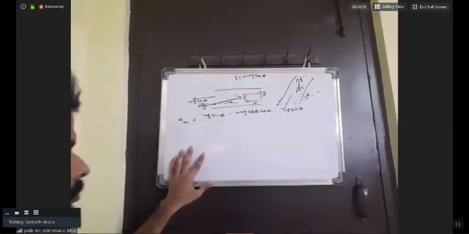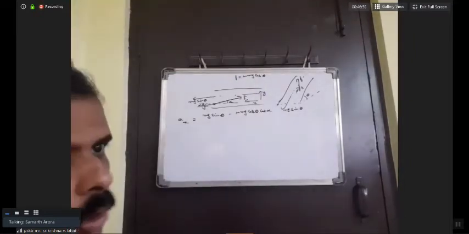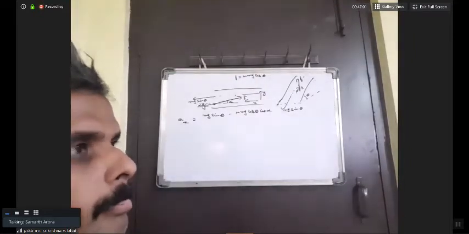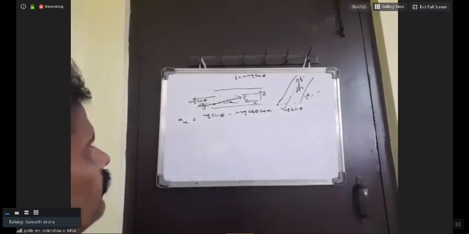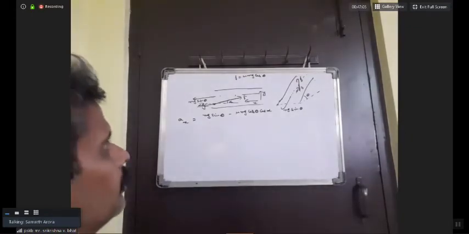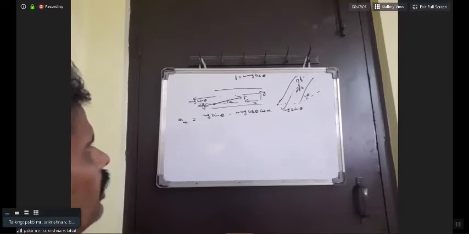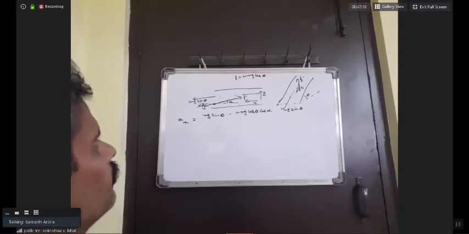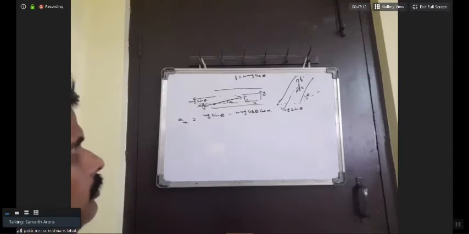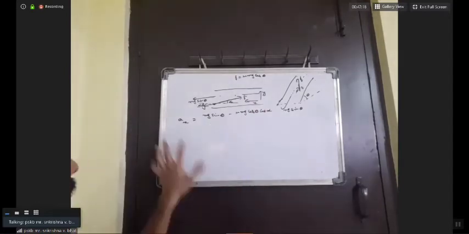And cos alpha is vx by v, velocity in the x direction by total velocity. Yes, cos alpha you can consider as vx by v.